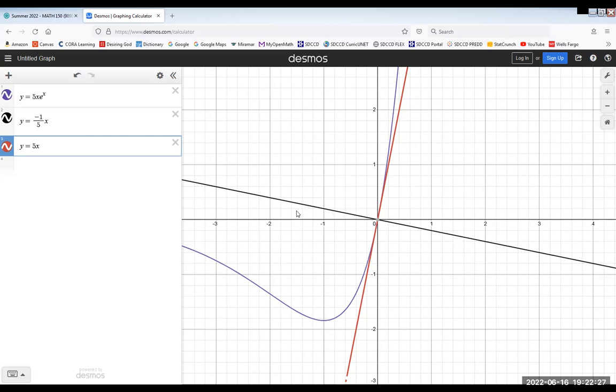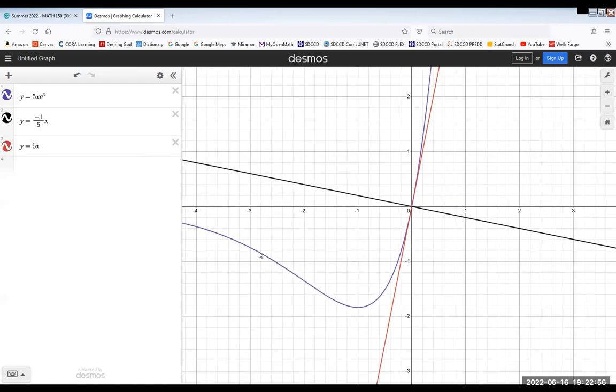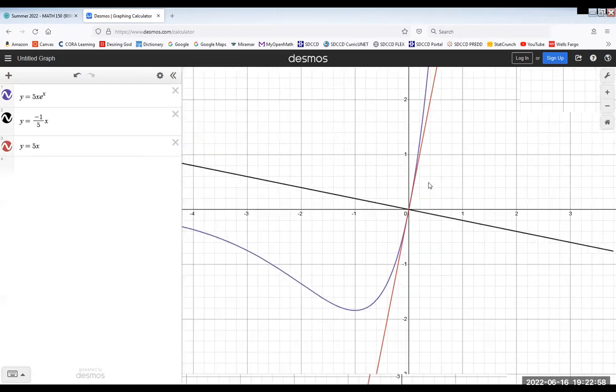You might think, okay, so what's the significance of the normal line? The tangent line moves in the same direction. It's an instantaneous velocity. What's a normal line going to tell us? Well, one application, and I bet there's tons more that I'm not aware of: let's say you were driving in a car, maybe like down this road, like a bird's eye view, driving along on that purple line.